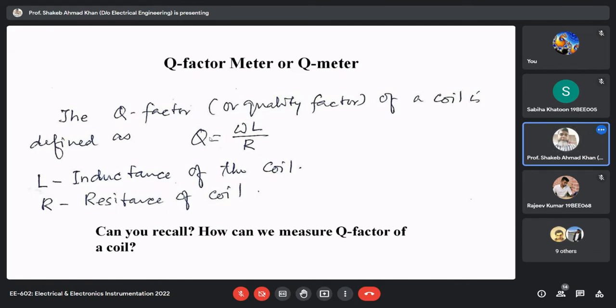And then depending upon the quality of the inductor coil, we may have higher value, lower value, or medium value. So this is the parameter which basically quantitatively tells how good is your inductor coil. Is it fine to all of you?